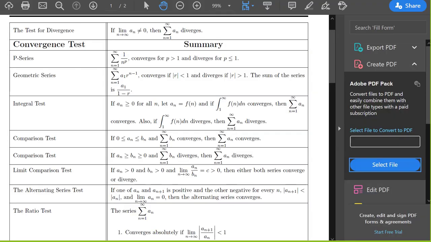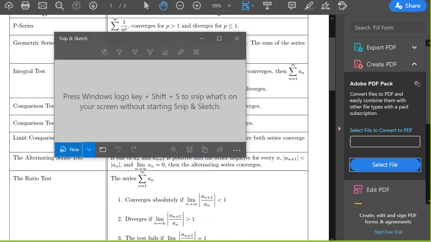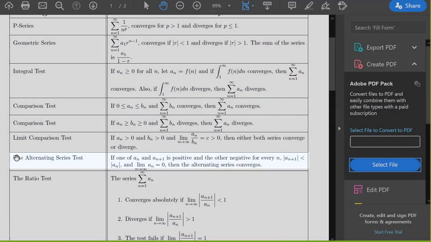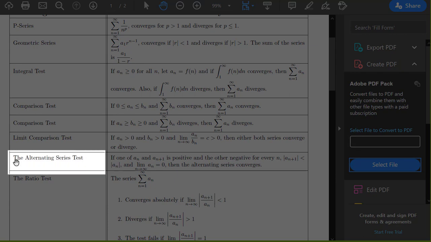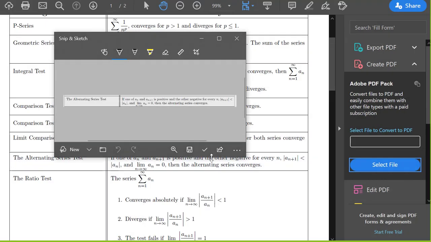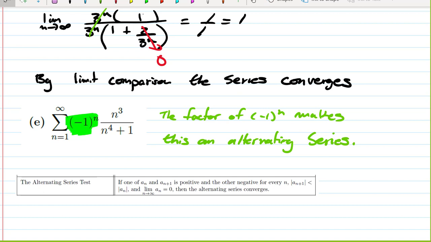So we go to our sheet and look for our alternating series test. Since we have an alternating series, we can verify that it satisfies the alternating series test, and if so, then we will know that the series converges.